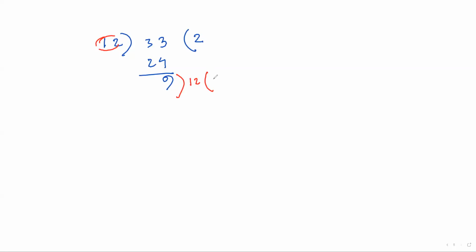So divide 12 by 9, you get 3, and repeat the process. So divide 9 now by the last remainder 3. So divide 9 by 3, and at some point you are going to get a 0 as a remainder.